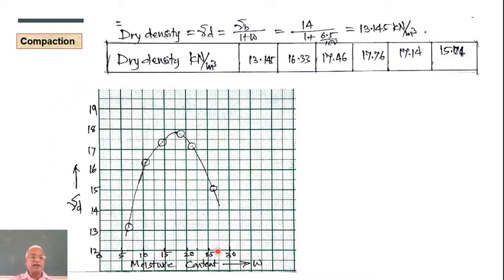Now you can see that you can put your x-axis and y-axis anywhere on the graph sheet. Not necessarily at the extreme bottom and extreme left. You can take anywhere in between. And one more thing that you should observe is, as far as water content is concerned, 0, 5, 10, 30, all the values I have taken.